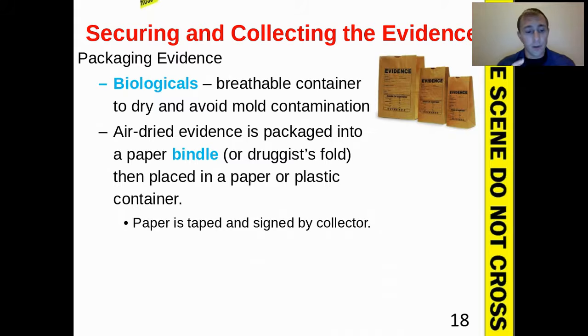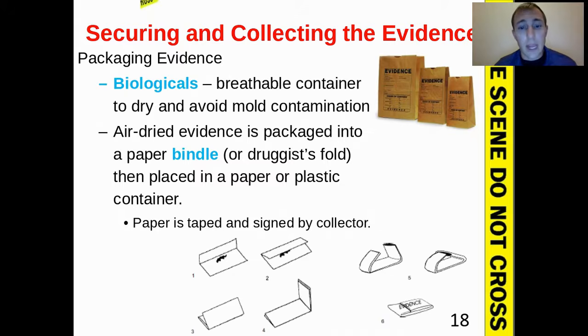Anything biological, blood, semen, anything that has DNA in it must be dried and stored in a paper container. So we need to make sure that we do not store anything biological in plastic. That's the biggest thing that can cause contamination, and that can cause evidence to be completely thrown out of a case. So biological evidence needs to be air dried and then stored in paper.